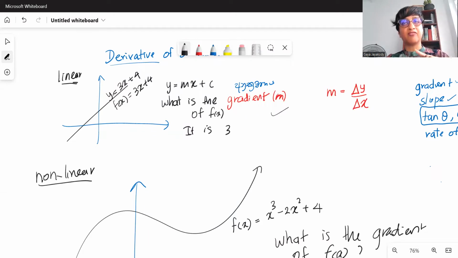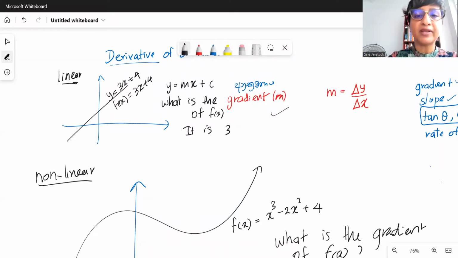Why can it be denoted by one value? Because the slope is constant throughout. Everywhere it's the same. The slope does not change. Nowhere does it change. So I can say what is the gradient of the function.